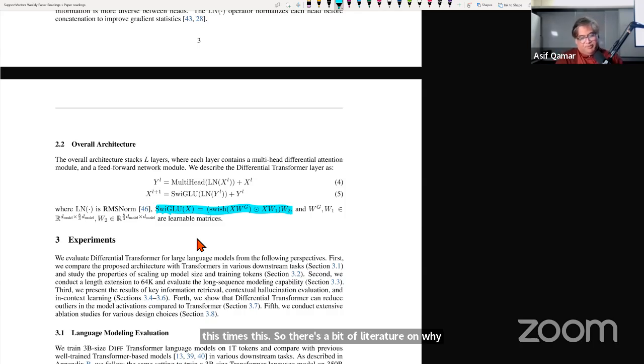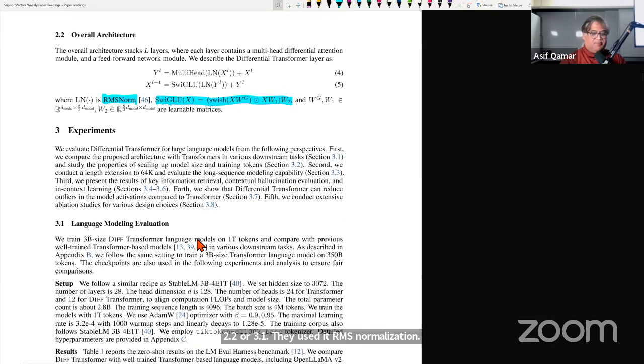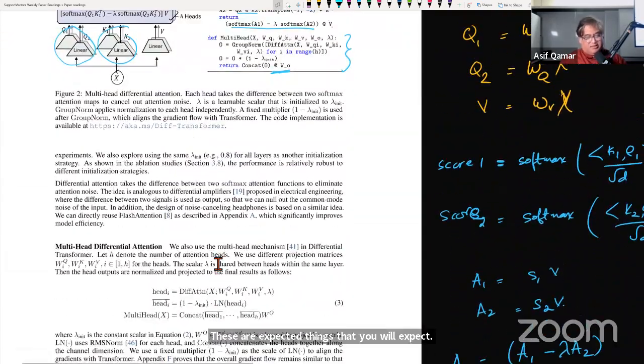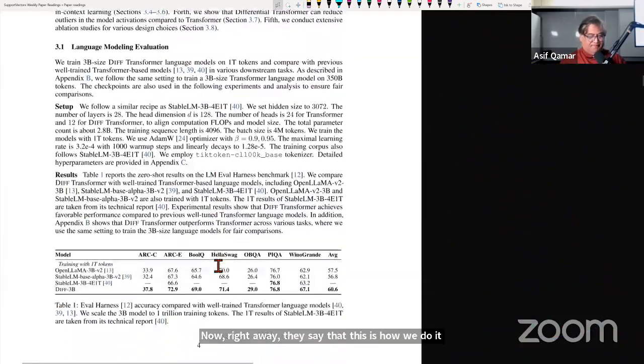Llama 3.1 or 3.2 used it, along with RMS norm, layer normalization, etc. These are things you would expect. Right away, they say this is how we do it.